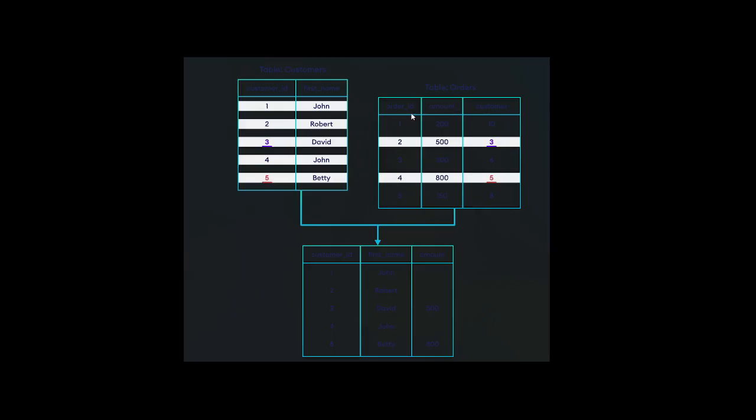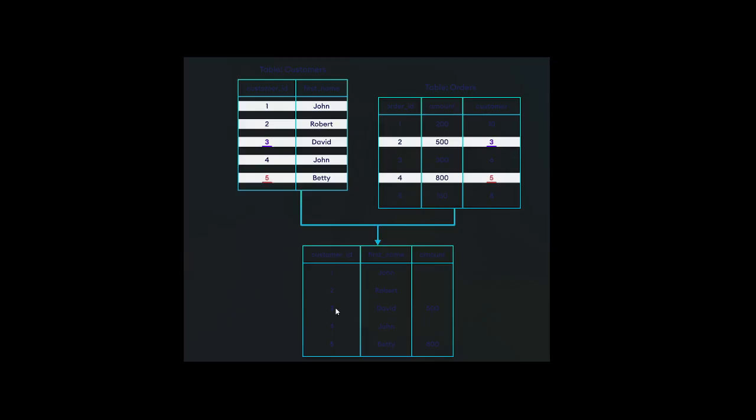So as a result, when we perform the left join, the customer IDs from the customers table are all displayed here along with the first names. But since 4, 2, 1 are not present in the orders table, these values will be left as null.